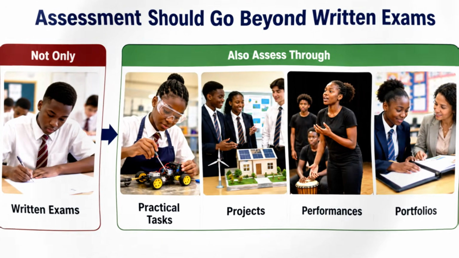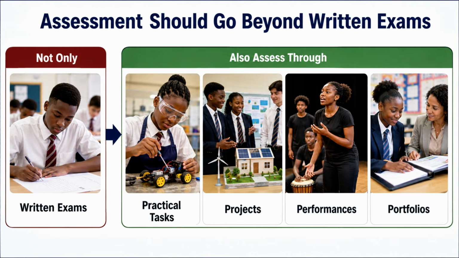You see, if the objective is to develop practical skills, for example, learners should not be assessed only through written examinations. They should demonstrate those skills through practical tasks, projects, performance, or portfolios. Assessments are supposed to measure what the curriculum genuinely intended the learner to achieve.